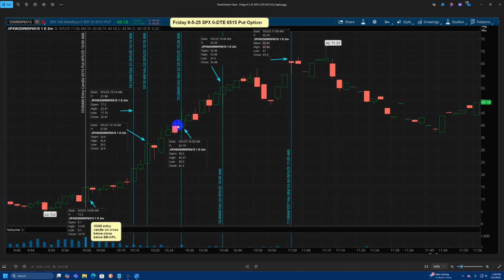If you do have remaining runners that you adjusted the stop on, then later on at 10:28, SPX hits the mid S2, S3 level here, and now this option is up to $42.20.